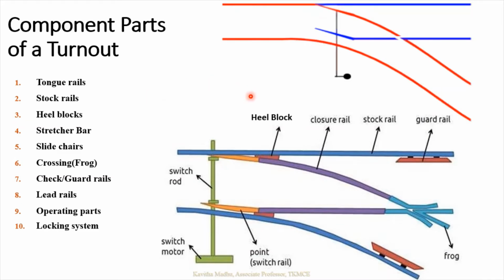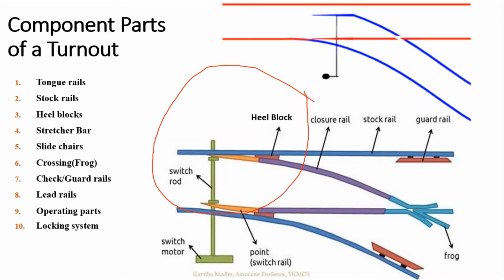So let's see that. I told you it has two parts. One is the switch part, which is the moving part. So this much portion can be called a switch. The switch is the portion from where the turnout starts deviating, or the branch line takes off from the main line. Whereas these two cross or intersect each other at the crossing, which is why it is named crossing.